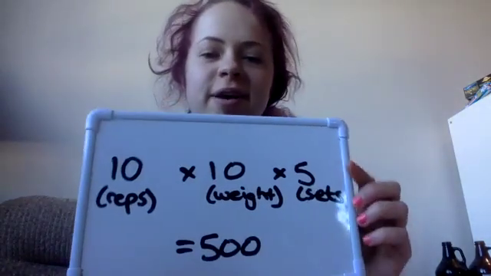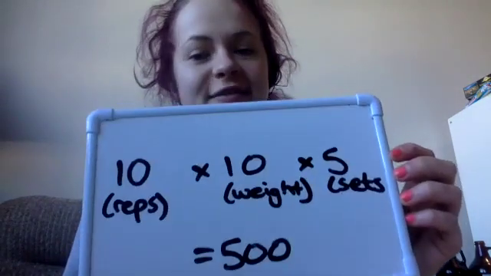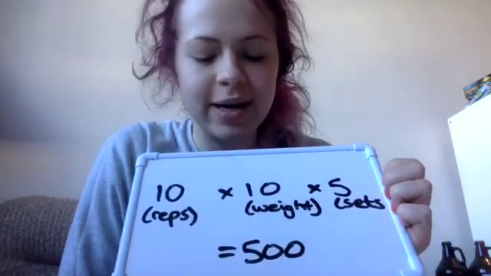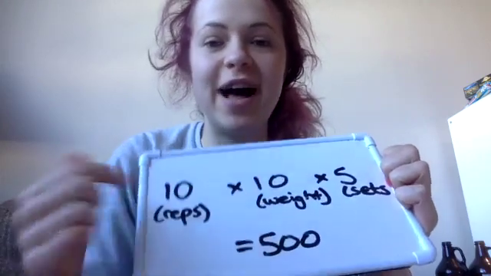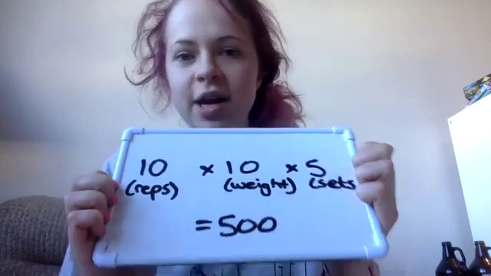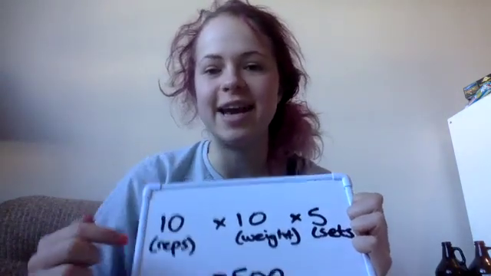Say for a particular workout, for squats, you are doing 10 reps of 10 kilos and 5 sets. So your total training volume for that workout for squats is 500 kilos. You want to make sure that on a weekly basis, you are increasing that number.